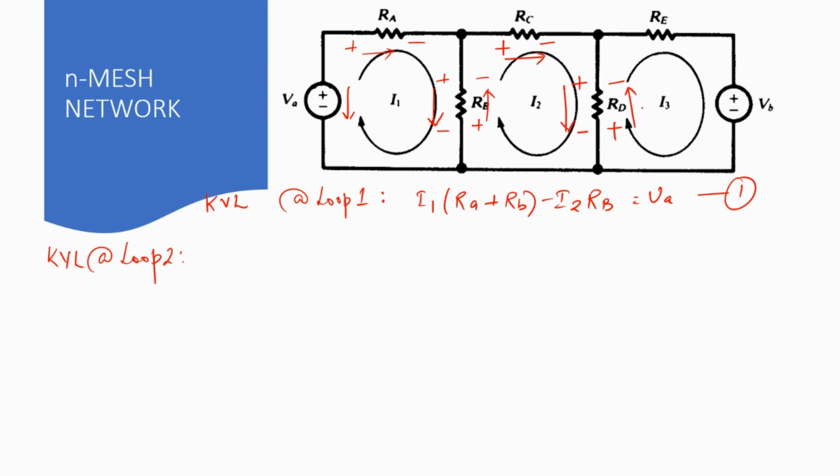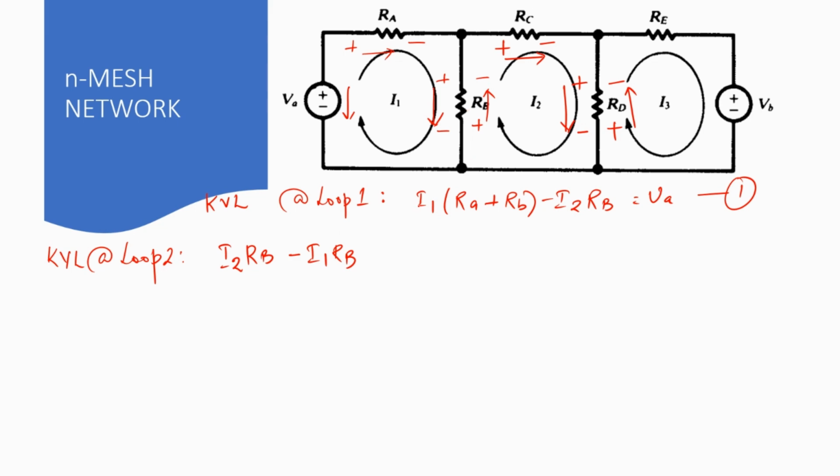So now we can write the equation as I2 into RB, this voltage drop, considering that the direction of I2 is positive, so plus I2 RB minus I1 into RB.